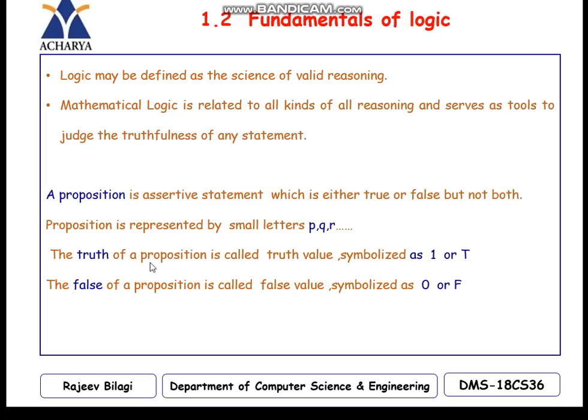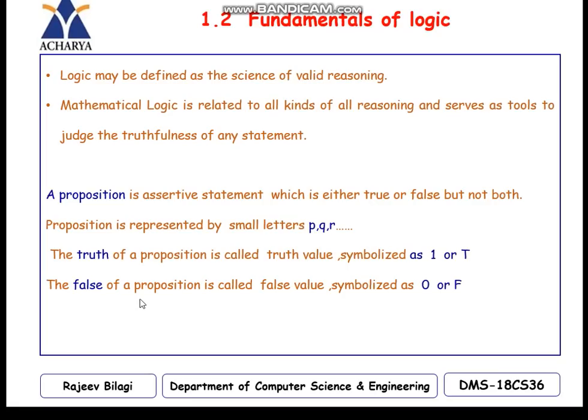The truth of a proposition is called its truth value and is symbolized with 1 or T. Both are the same. You can represent it with 1 if it is true, or with T also.